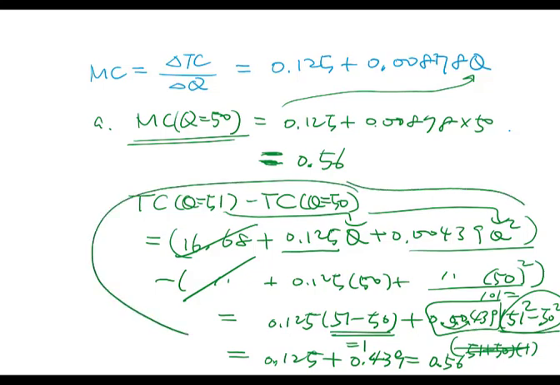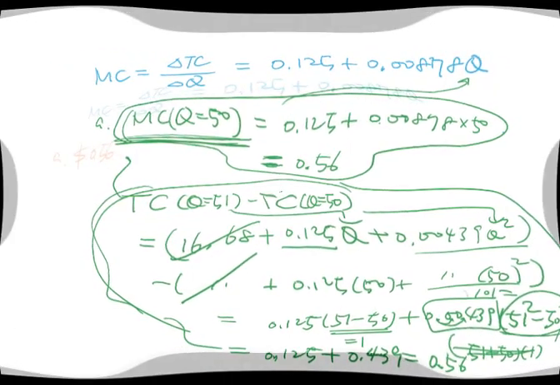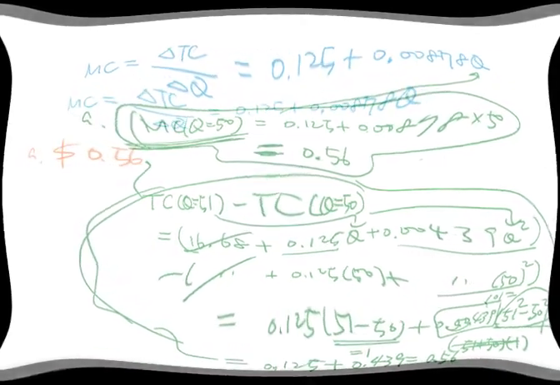This calculation can generate a slightly different answer from the calculation that uses the marginal cost function, because the marginal cost function does not assume the quantity needs to be an integer, while in this calculation we assume that the quantity of increase is an integer.